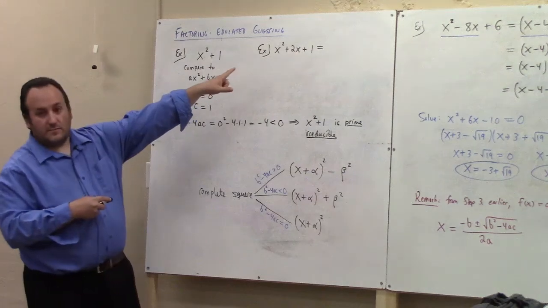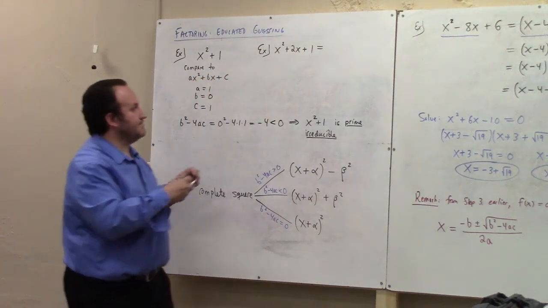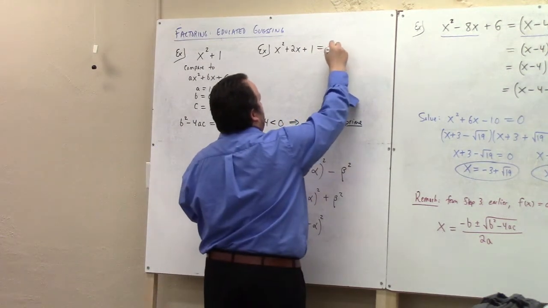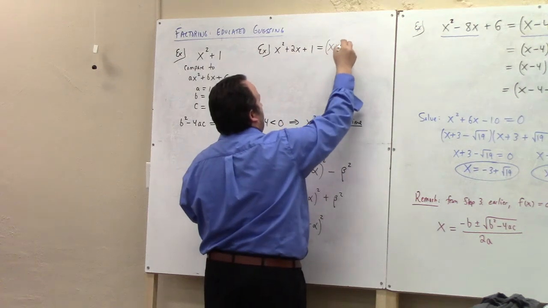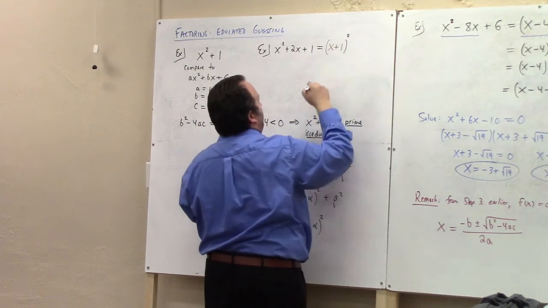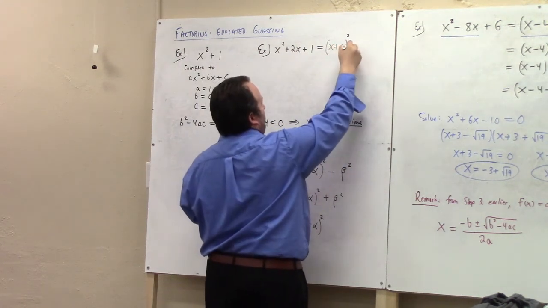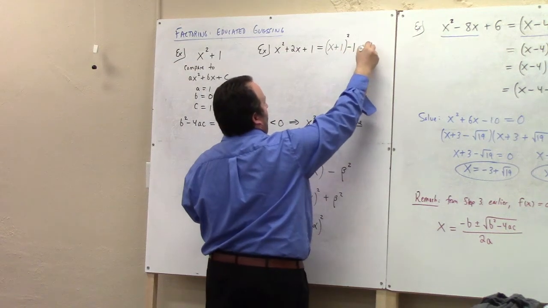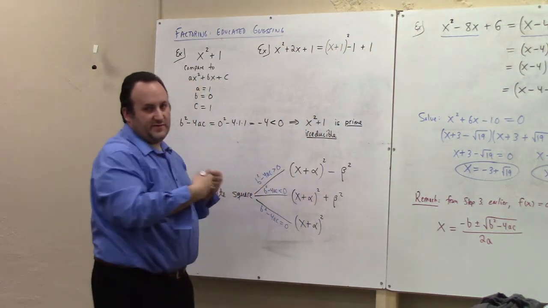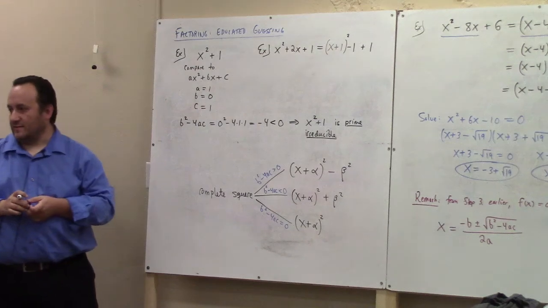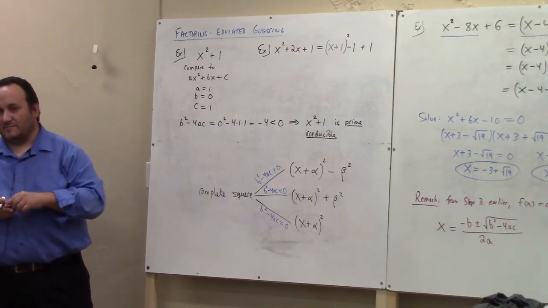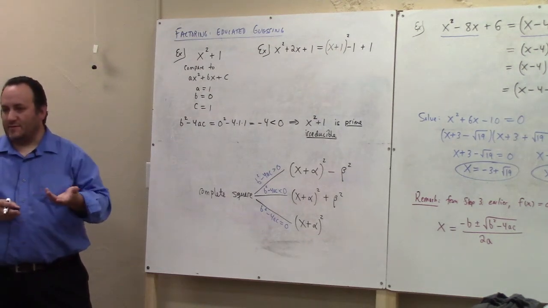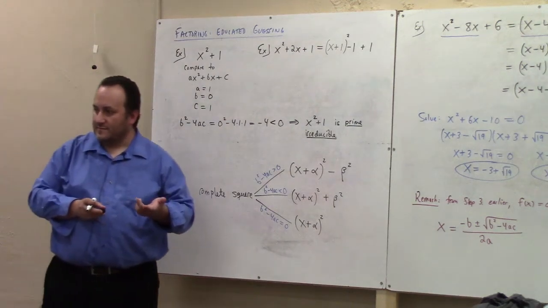Anyway, this one, what do we got? x plus 1 squared, right? And then we subtract 1, because we're supposed to subtract the square of what we're adding, which in this case is 1. 1 minus 1? 0.